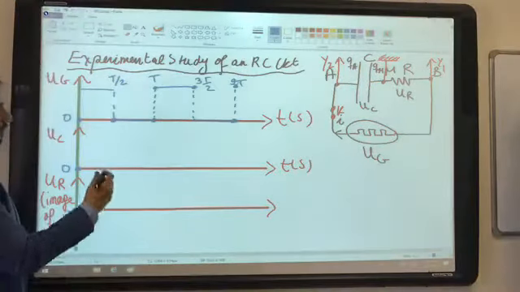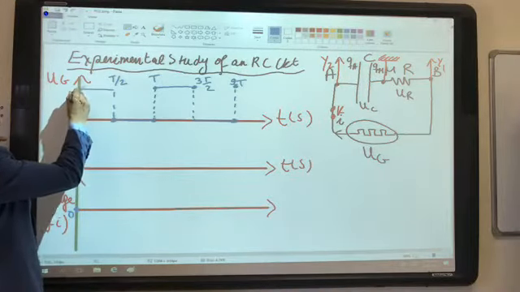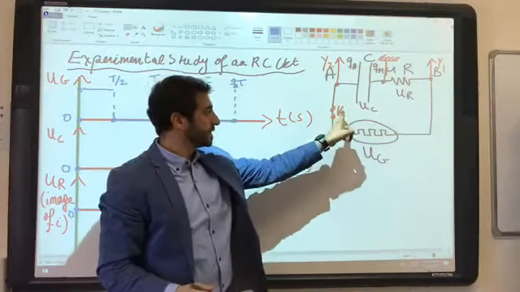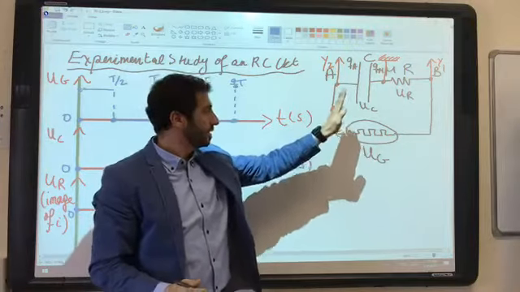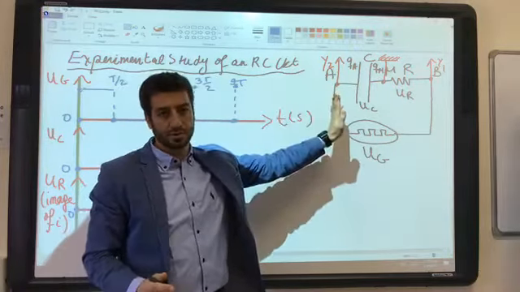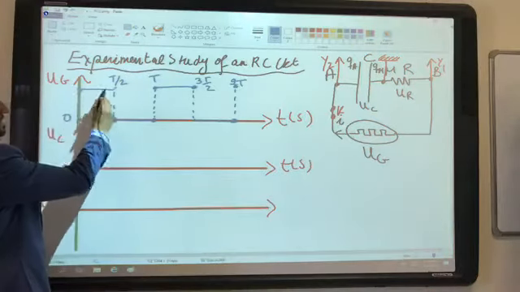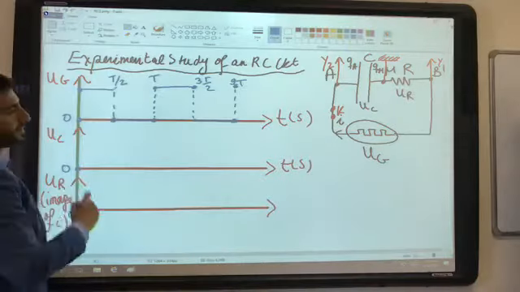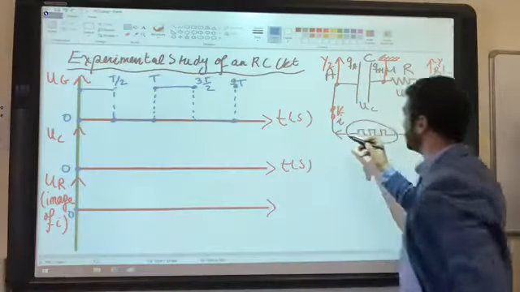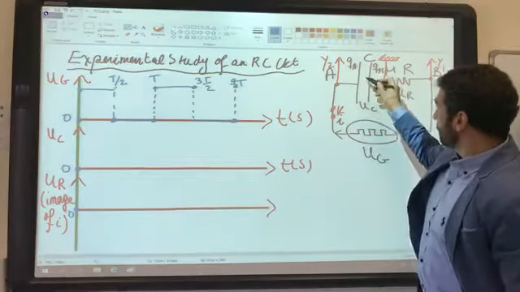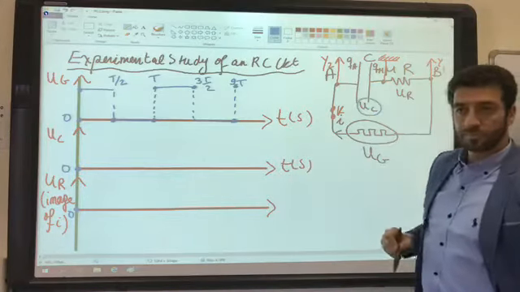So what happens when the switch was open and then we close it? When we close the switch, the voltage will be maximum. What happens in the circuit? How much is the voltage UC?